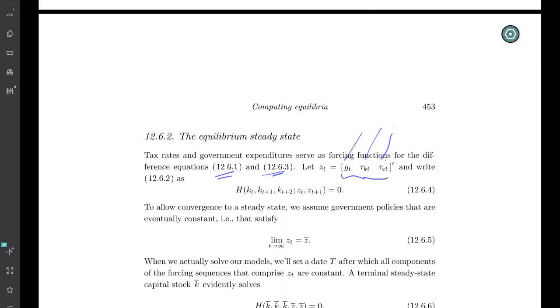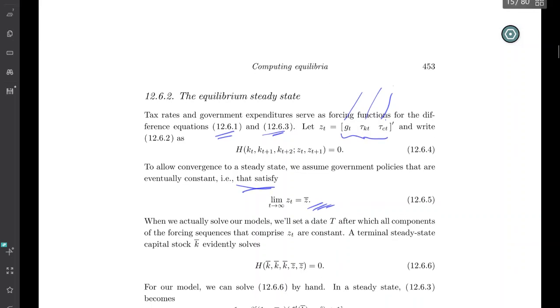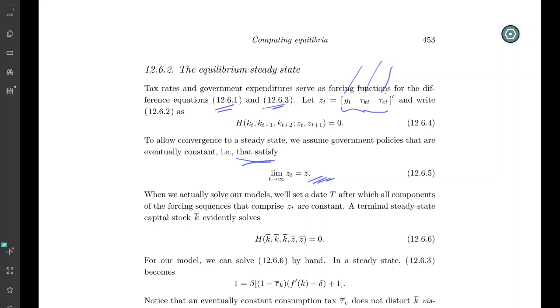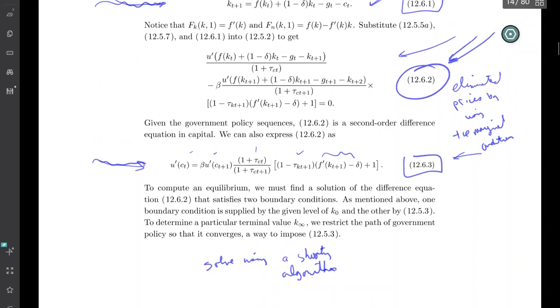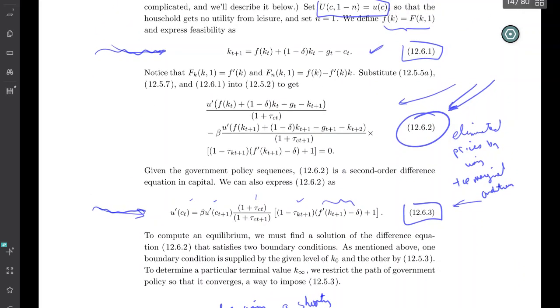And I'm going to assume that government policies have the property that they eventually settle down to a constant, and I'm going to define a stationary point. Notice that this is a second order difference equation in k_t. That's what this is.